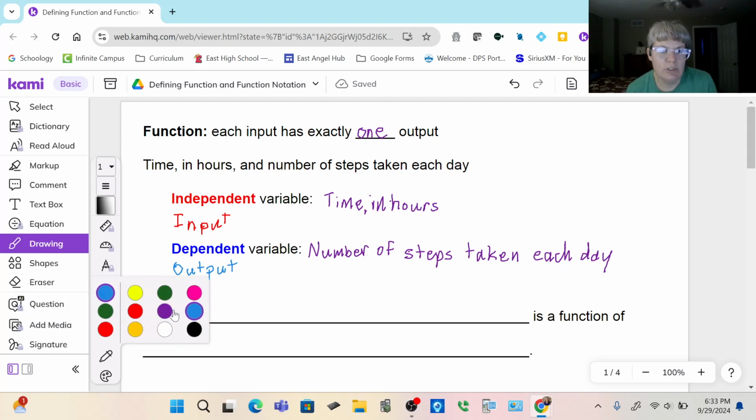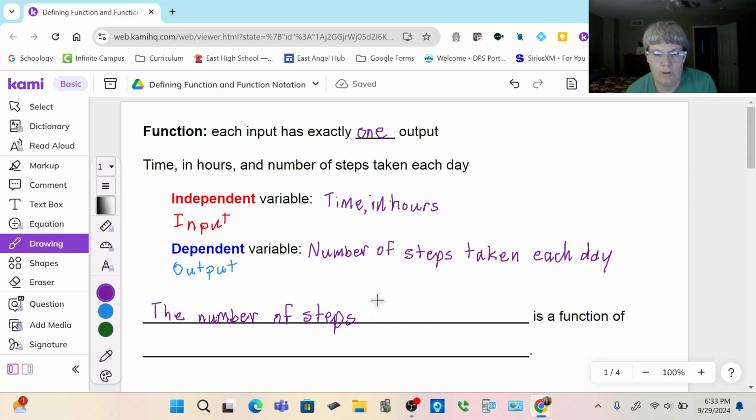So in this particular situation, the number of steps taken each day is a function of the time in hours.